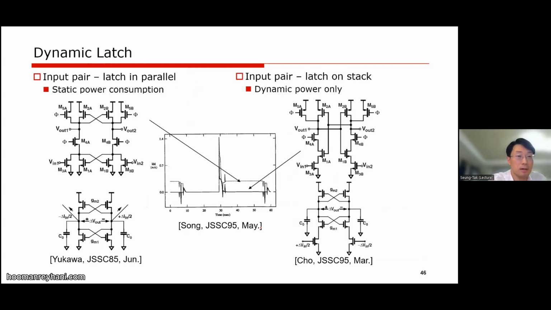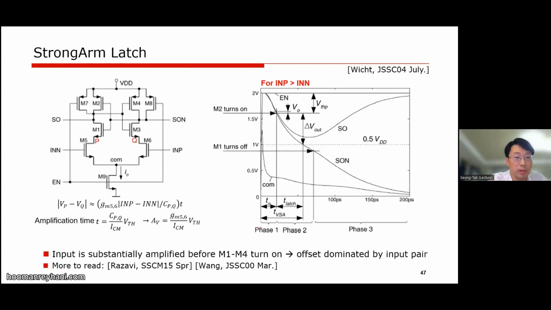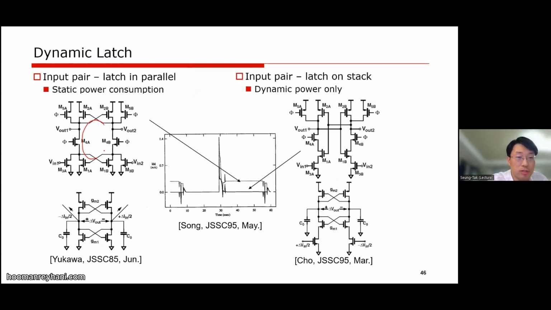Okay, as I mentioned, earlier we utilized a latch in parallel with the input pair. The latch is enabled only when the switch is turned on, but because of this parallel path, during the half clock cycle we have a steady current. But in 1995, about 30 years ago, people decided to stack the input pair with the latch. So input pair and latch, and this is for latch enable.